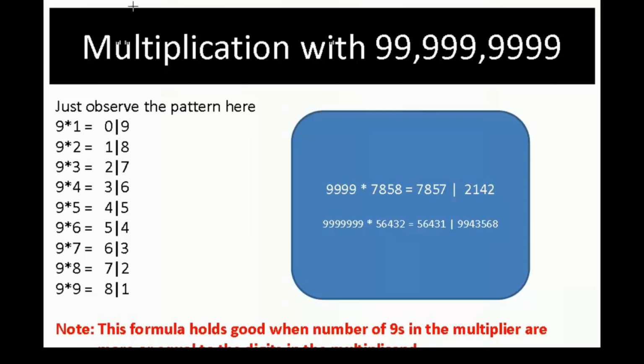Here you see the pattern that we have written: 9 into 9, the result is 81; 9 into 2 is 18. So what is the pattern here? The pattern is that this side of the number is 1 less than this number, and this side of the number is the 9's complement of this number.